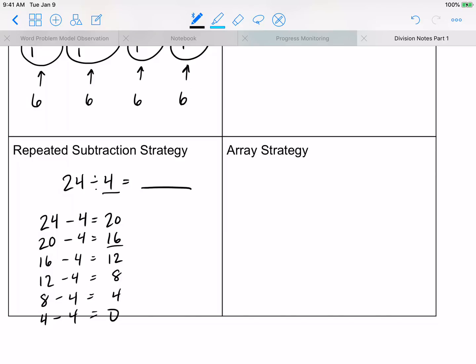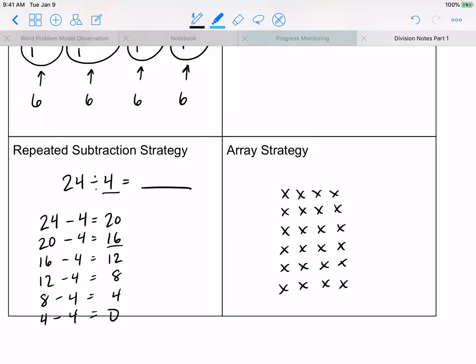For the array strategy, we're going to do groups of 4 until we get to 24. So 1, 2, 3, up to 24.